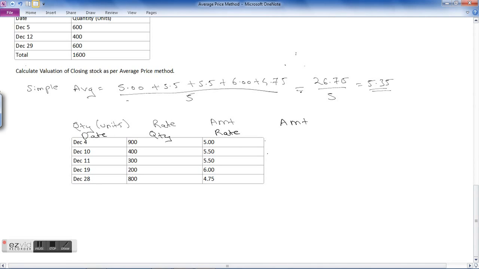So what now? 900 into 5, that is 4500. 400 into 5.5, that is 2200. Then 300 into 5.5, 1650. 200 into 6, 1200. And 800 into 4.75, 3800.